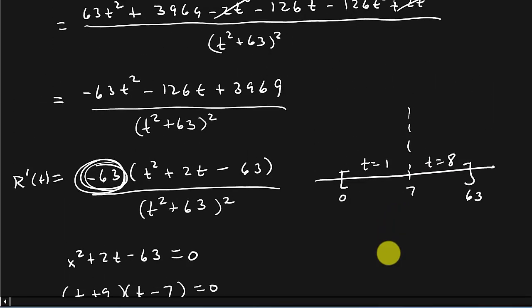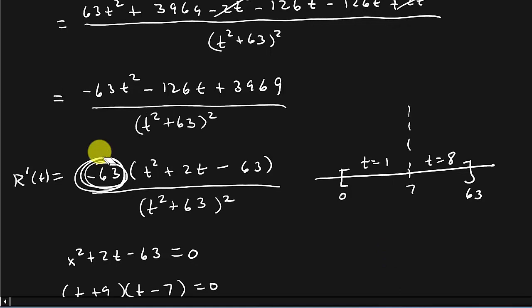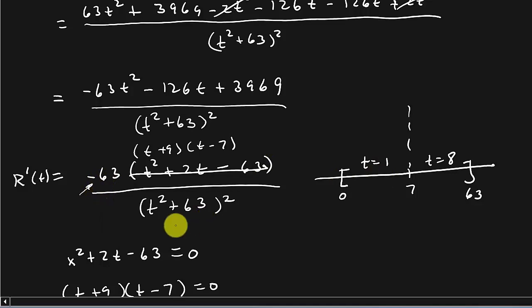And so what we're going to do here is plug that into the derivative. Once again, remember how I told you that you can use the factored form, t plus 9, t minus 7. It's easier to plug in. So this out here is always negative.